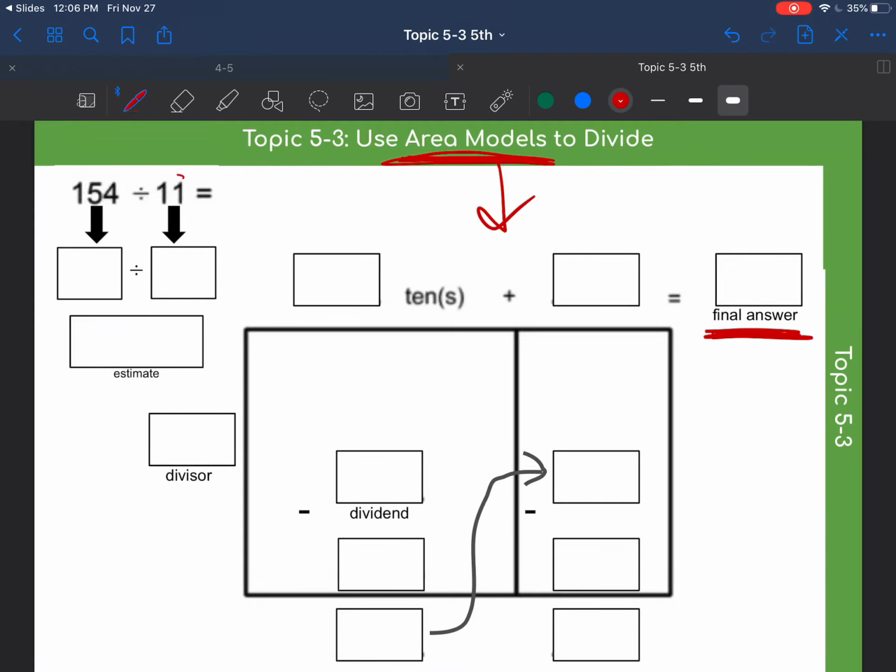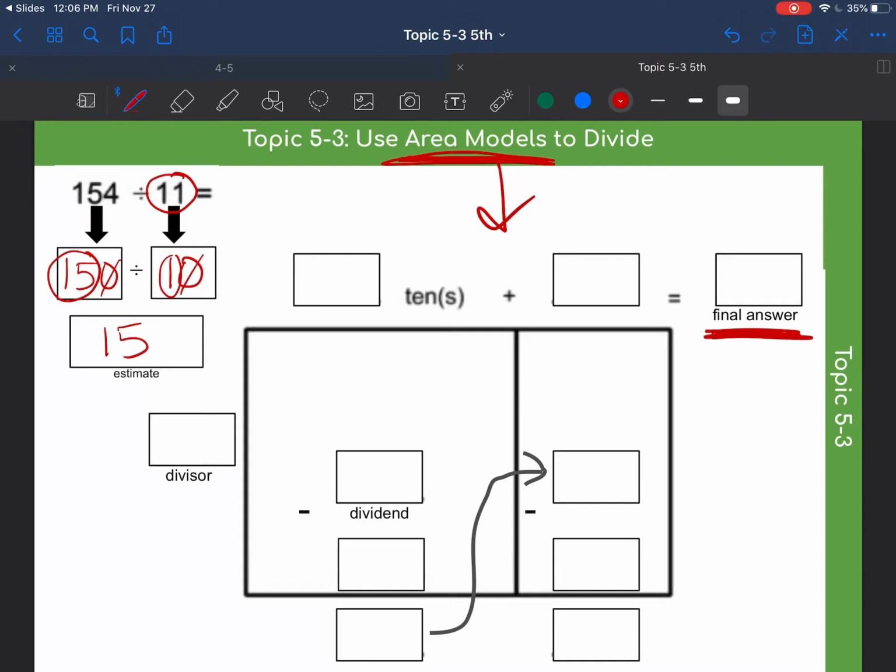Again, just like we were doing the other day, you start with the divisor. So 11 is really close to 10, okay? And then 154, I can make 150 because my basic fact is 15 divided by 1, which is 15. And you cancel out the 0, so there's no 0. So my estimate, our answer is going to be around 15.